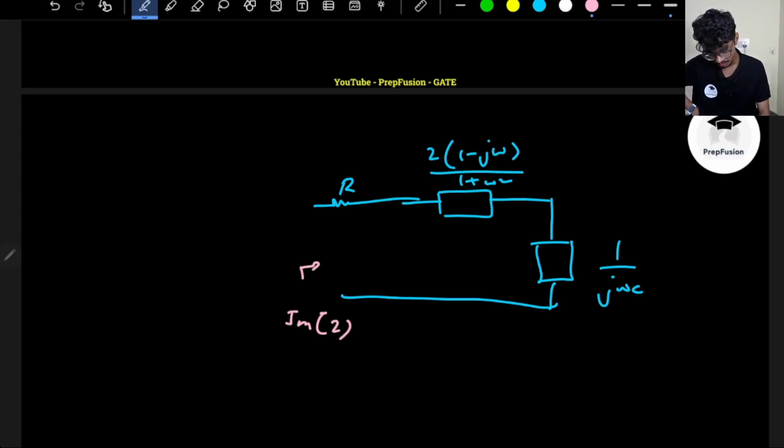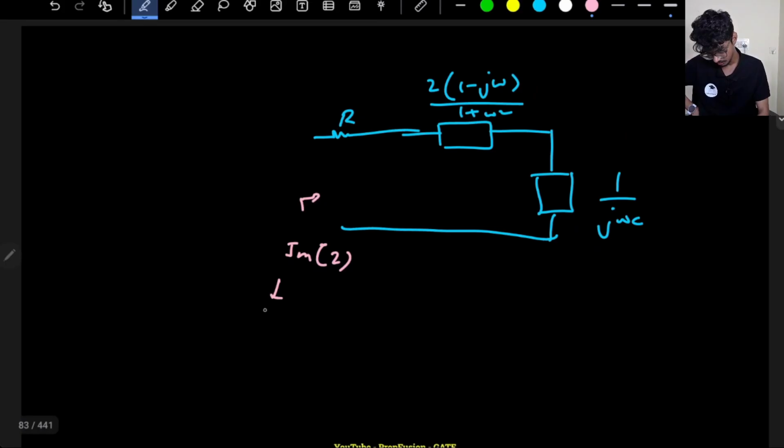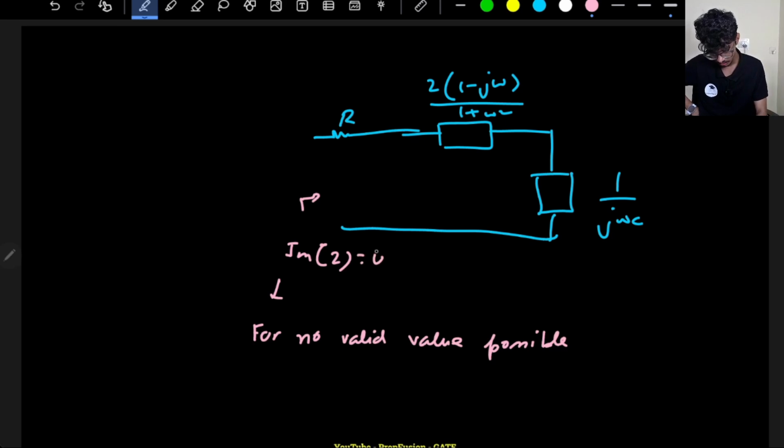How will you make the imaginary part 0? This should have been plus j omega, and this is already minus j omega, so automatically they would cancel out. But actually for no valid value of omega is this possible. I cannot make the imaginary term 0. Why? Because this is providing a negative sign, and this is also providing a negative sign.